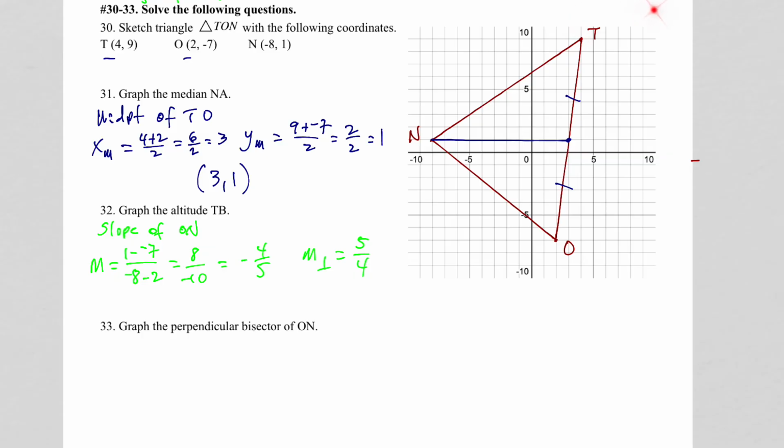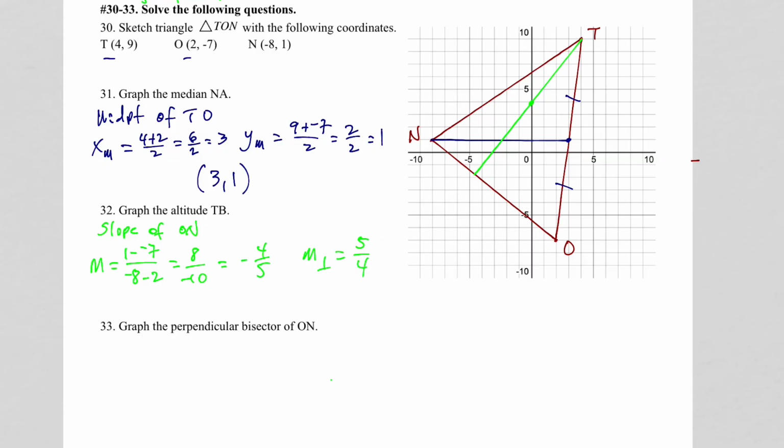But that takes us off the graph. So instead, I'm going to do the opposite and go down 5. 1, 2, 3, 4, 5. And go left 4. 1, 2, 3, 4. And that's the point right there. Then I'm going to take a ruler from T. I'll draw a straight line through that point into the other side.